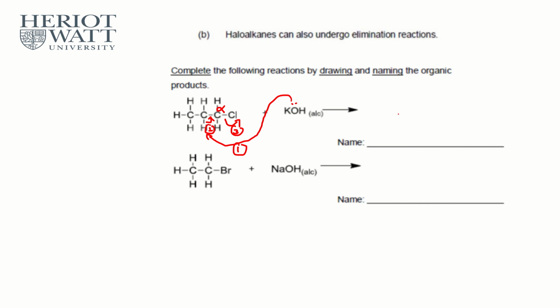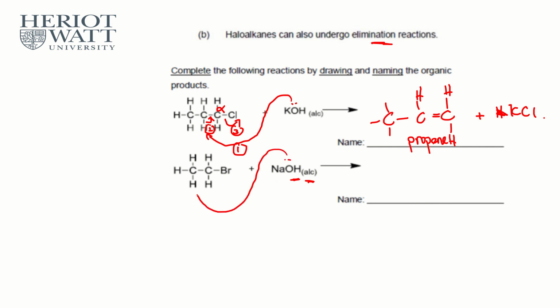So you will get an alkene, CH3-CH=CH2, plus H2O, plus KCl, in fact. Right? So this is how you get the product. And what's the name of this product? Propene. Simple.